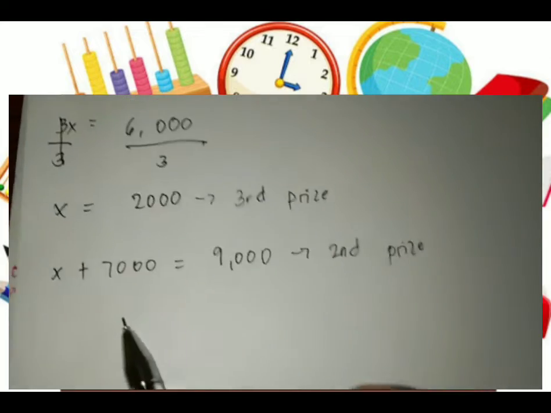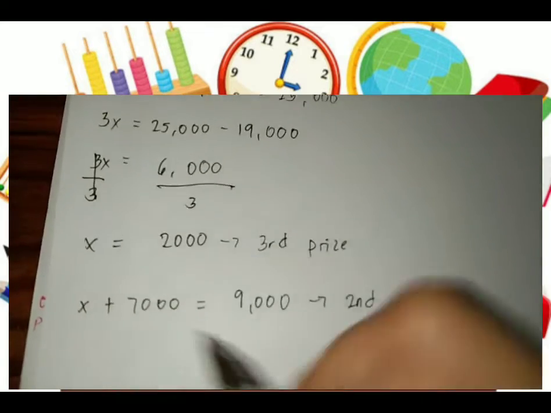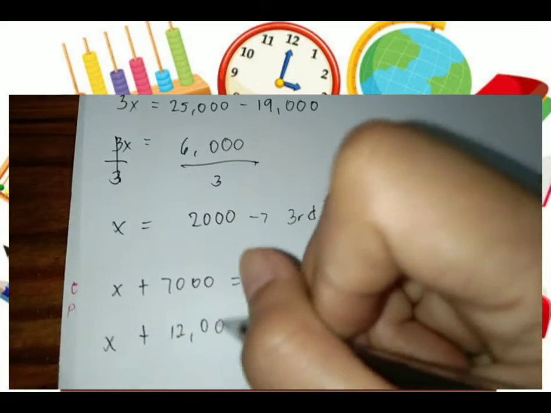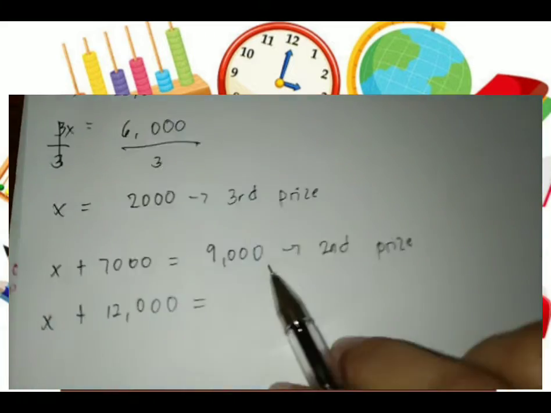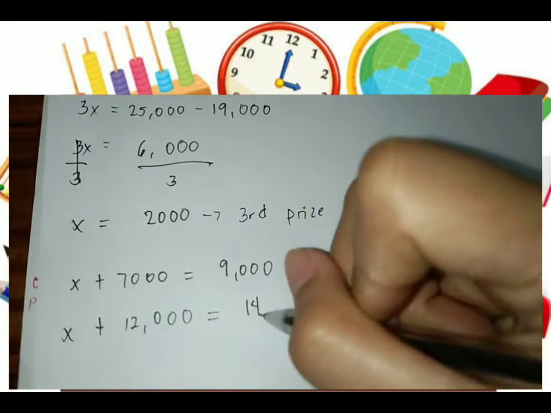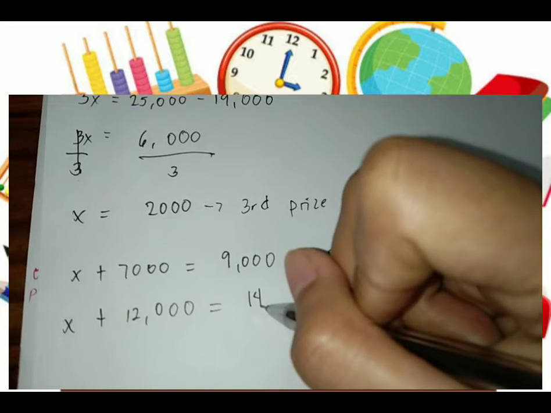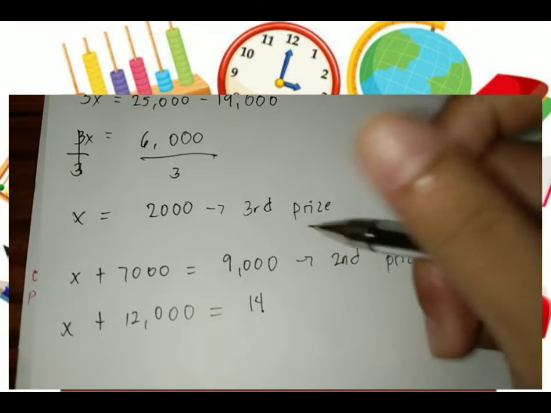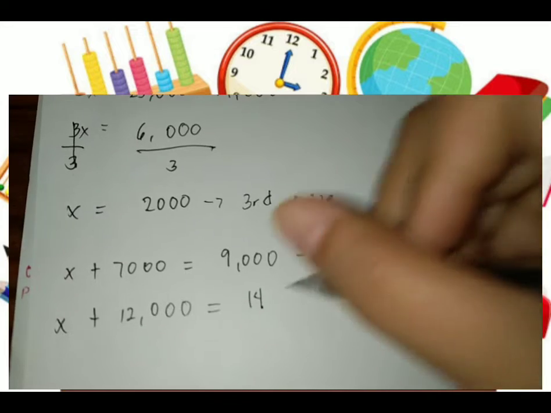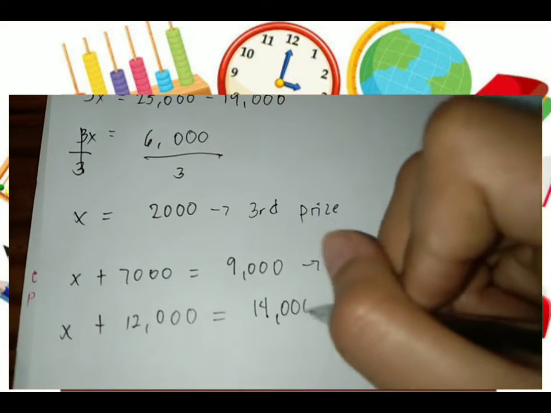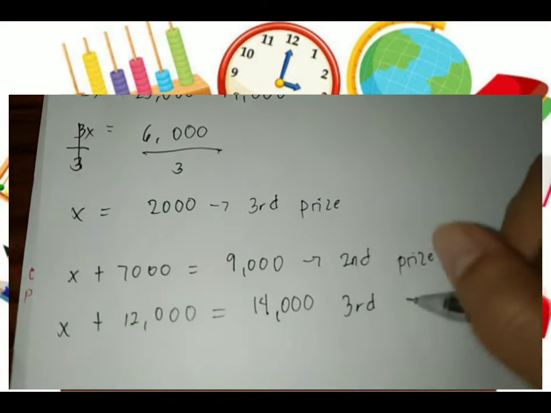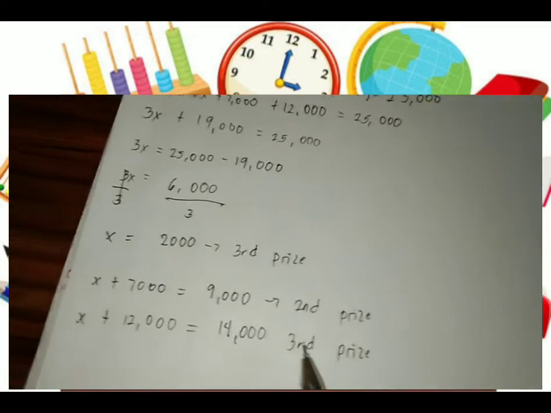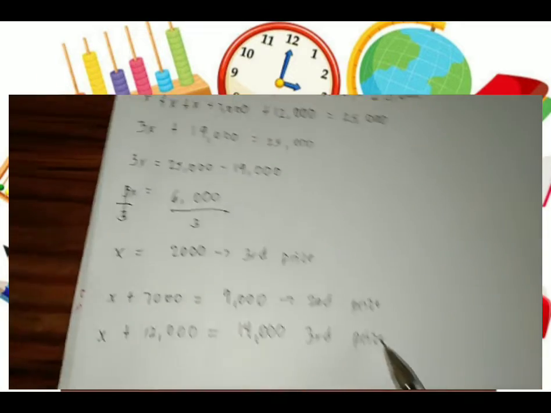Now we are going to solve our first prize: x plus 12,000 is equal to 14,000. So this is our first prize. This is the way to solve problem number 3.